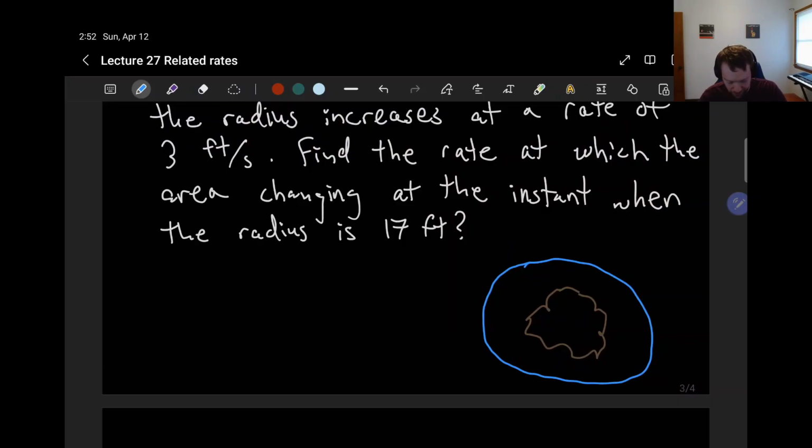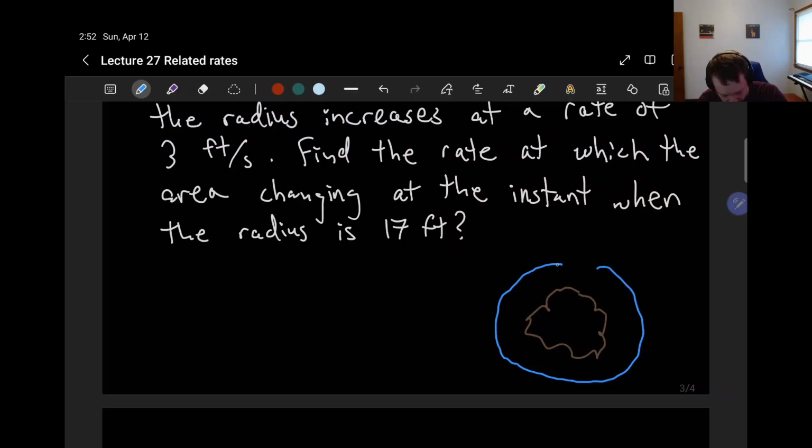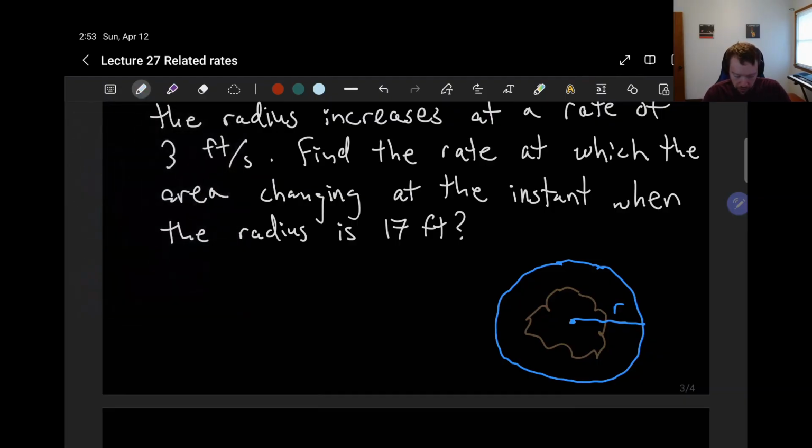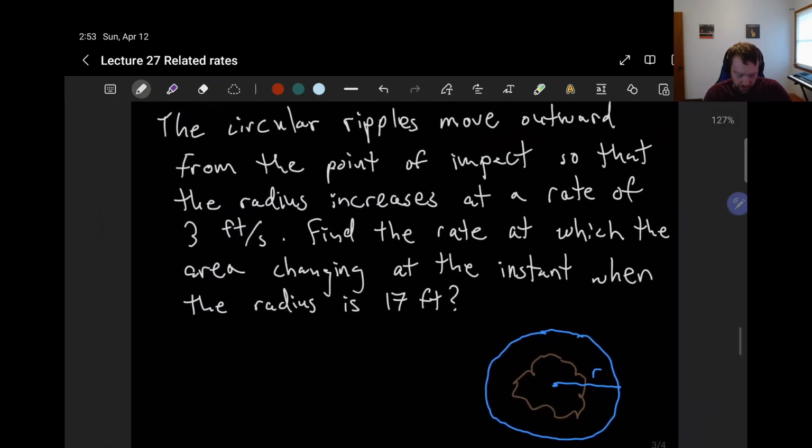Pretend that's a perfect circle. Let's make that a little better. Okay, still not perfect, but there we have our radius r. And that's really the only variable at play here besides time, of course, implicitly involved.